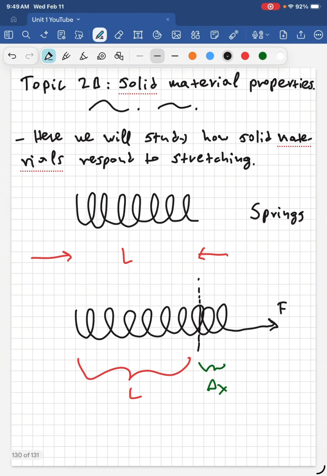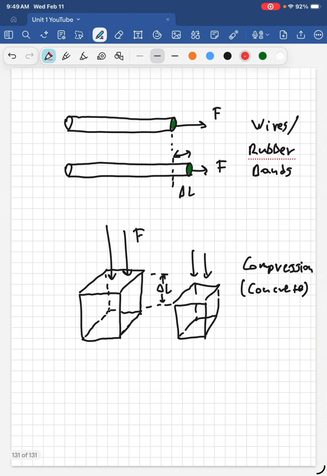So when we deal with springs, we use Hooke's law. So Hooke's law applies to springs, and this is what we will study first. And after we study Hooke's law, we will talk about Young's modulus and stress and strain and stuff like that.